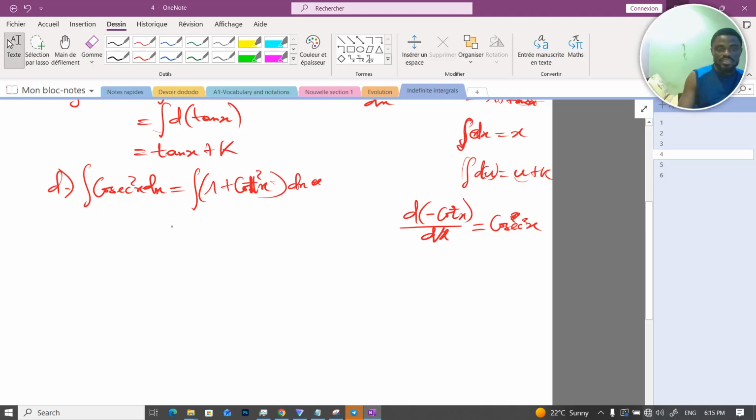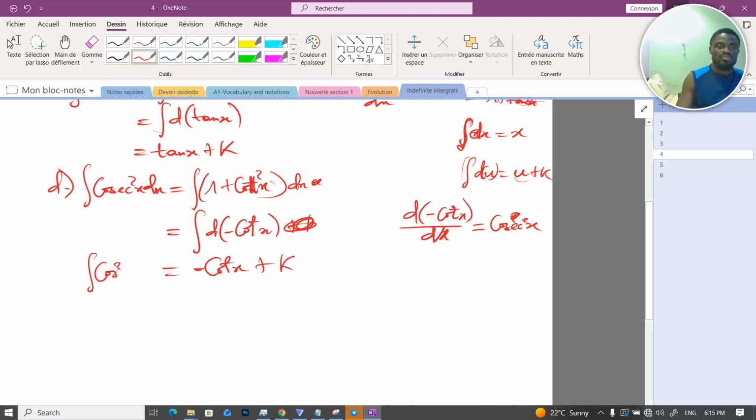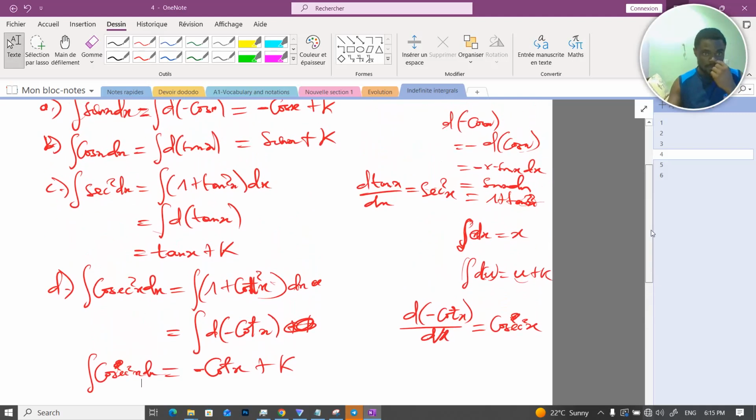So this is the same thing as the integral of d of minus cot x. So when I integrate this, I'll simply have minus cot x plus our constant of integration. So the integral of cosec square x dx is simply equals to this. Remember these formulas, very important.